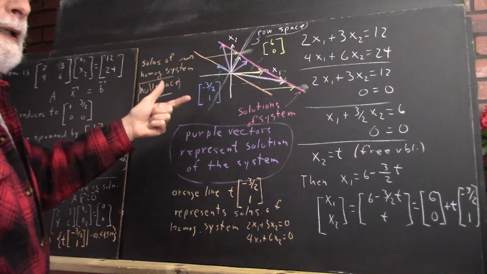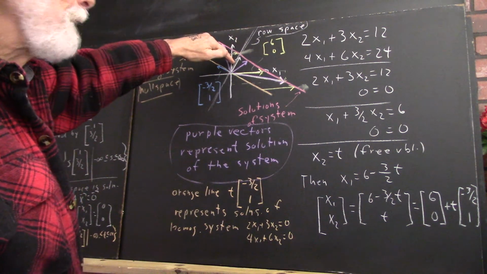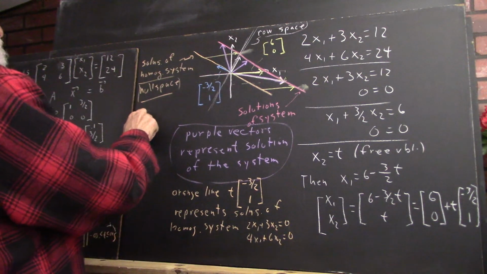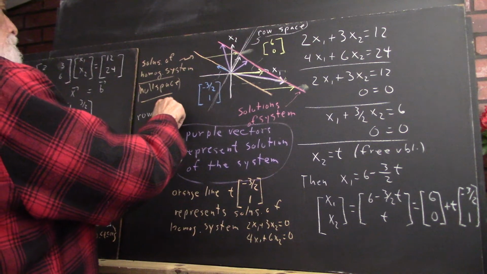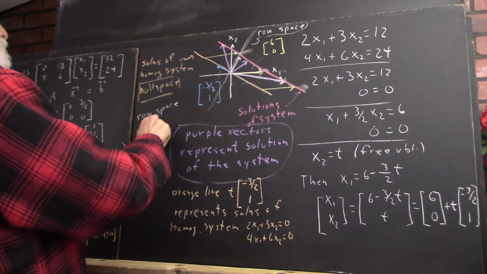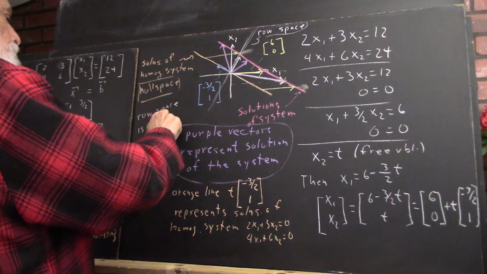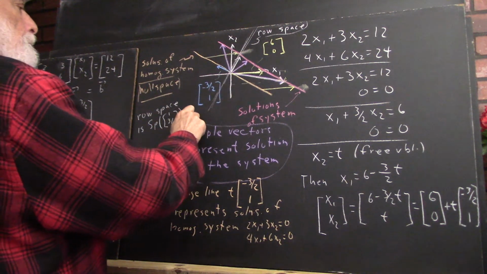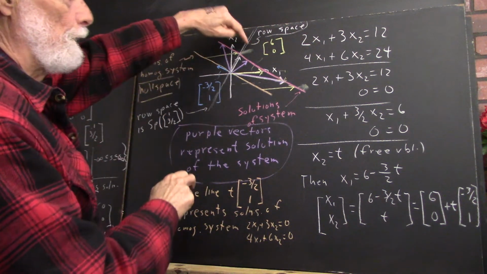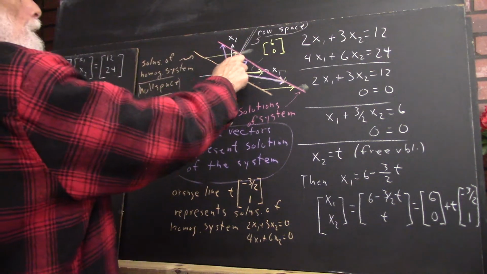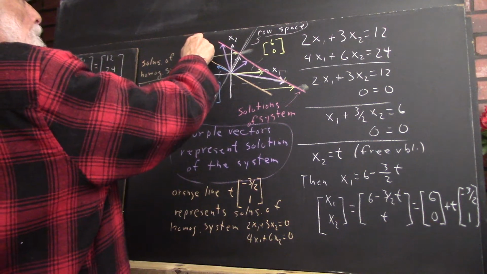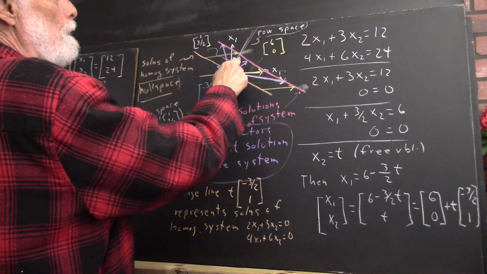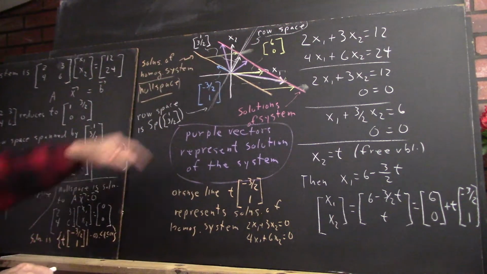This whole line is the span of the vector (1, 3 halves).